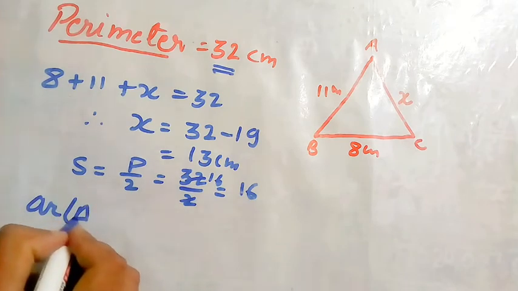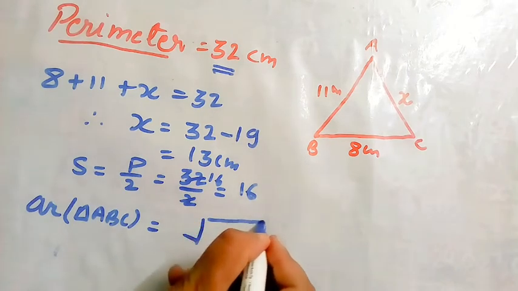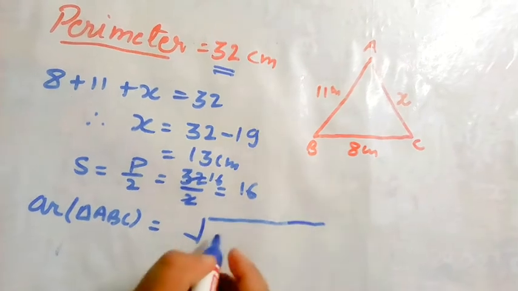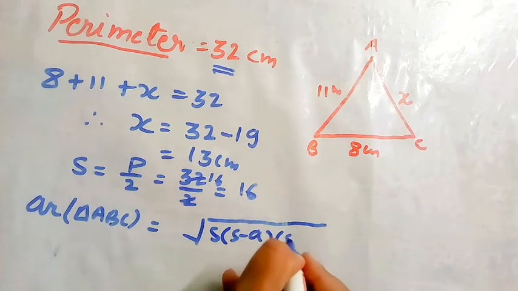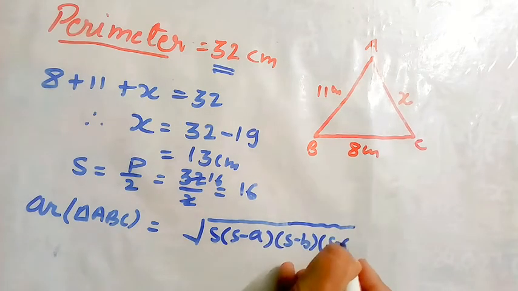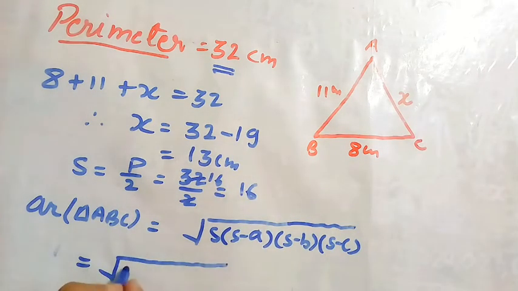Now let us see the area of the triangle. Heron's formula is the square root of S multiplied by (S minus A) multiplied by (S minus B) multiplied by (S minus C). So S is 16 and A, B, C are 8, 11 and 13 centimeters.